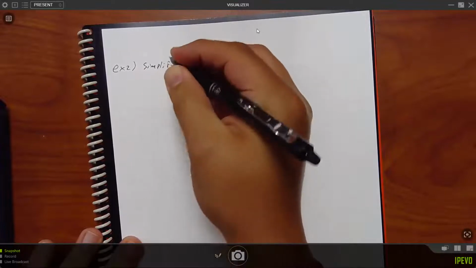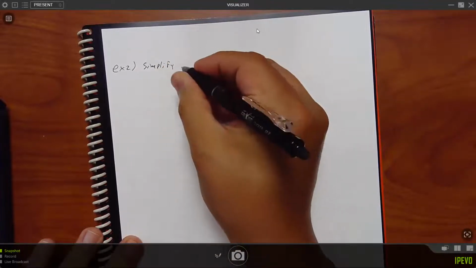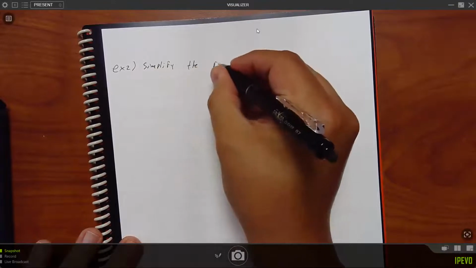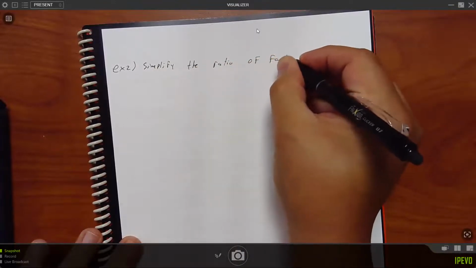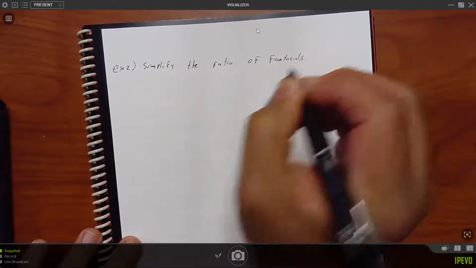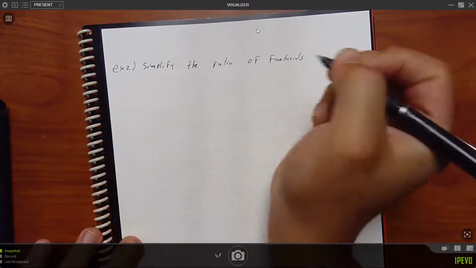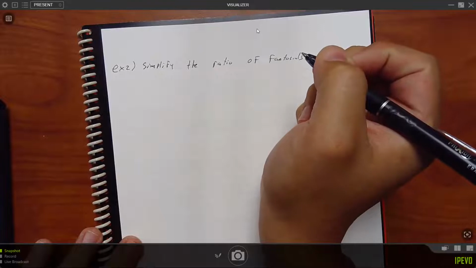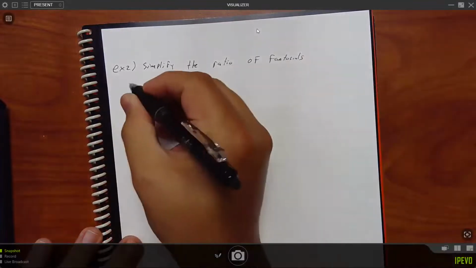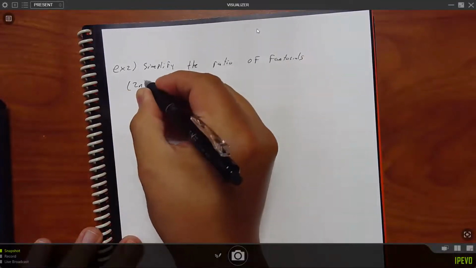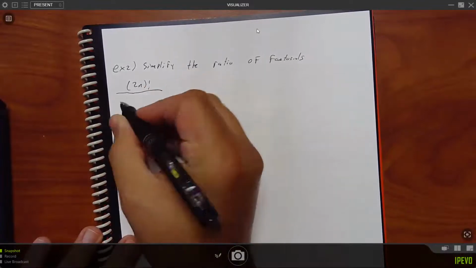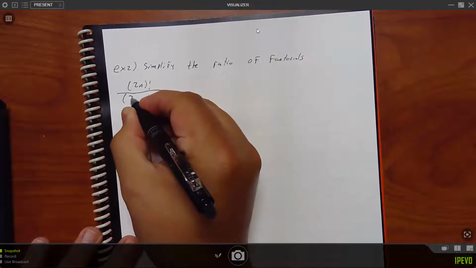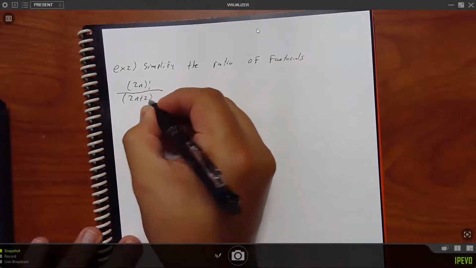Simplify the ratio of factorials: (2n plus 1) factorial over (2n plus 2) factorial.